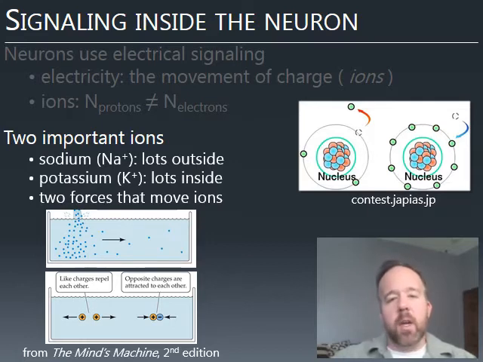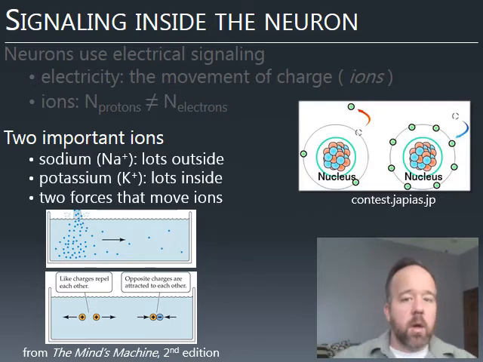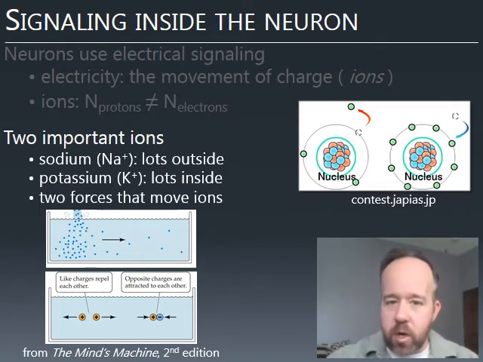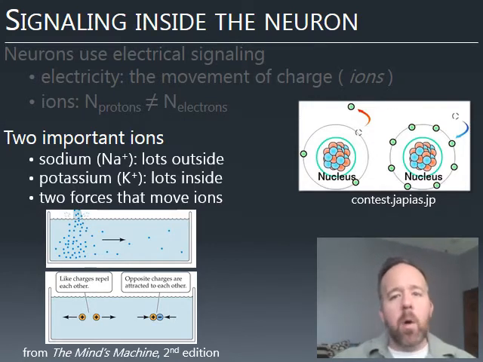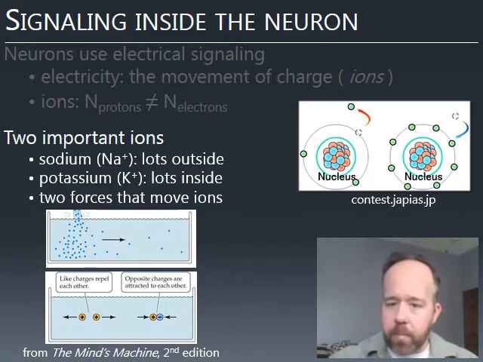All it cares about is that it has the same charge. And so that will repel the sodium ion. Same thing for potassium. Potassium will repel other potassium ions. It will also repel other sodium ions because they're all positively charged. And those two forces are really going to dictate how electrical signaling works in the neuron.